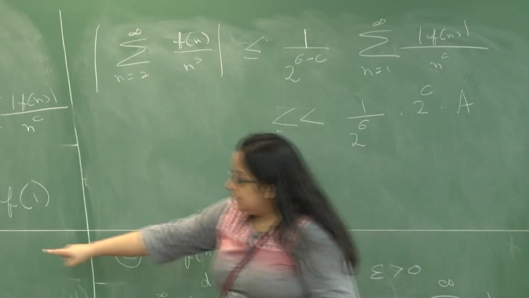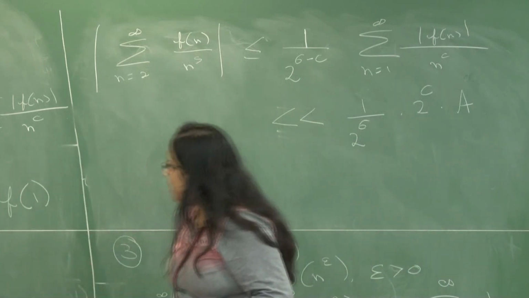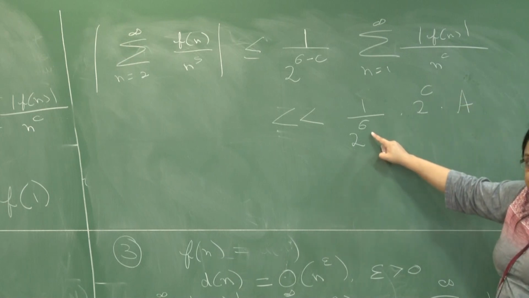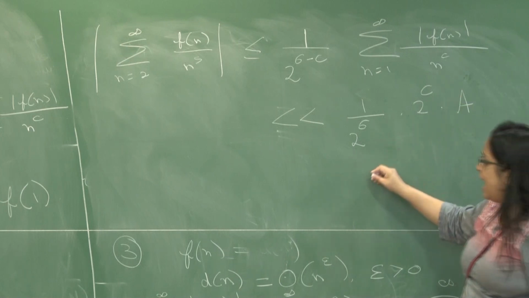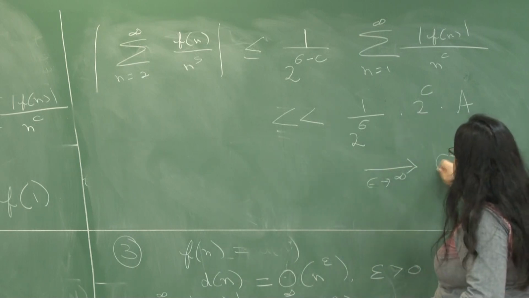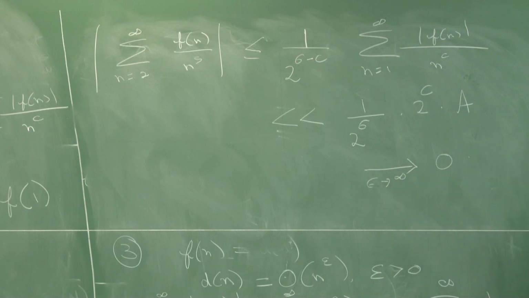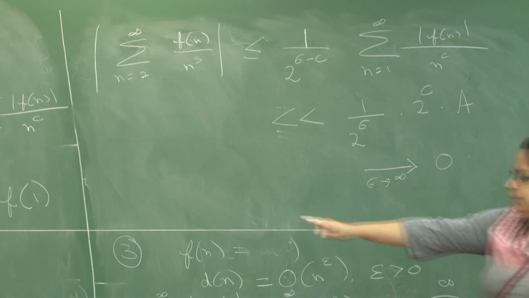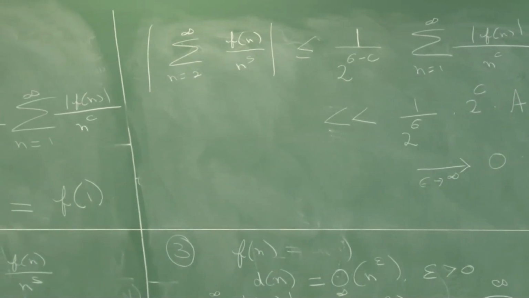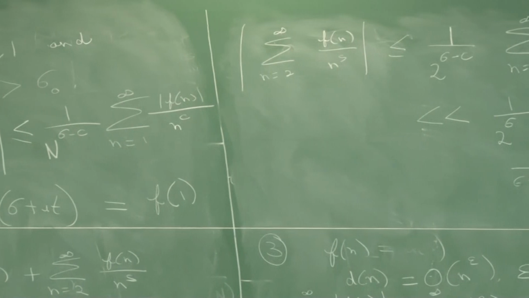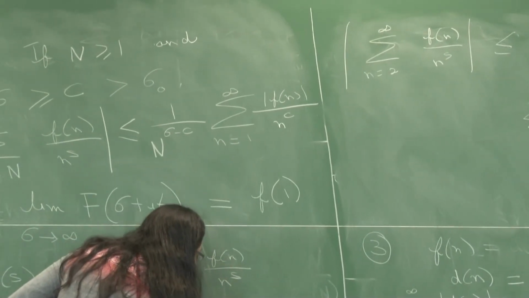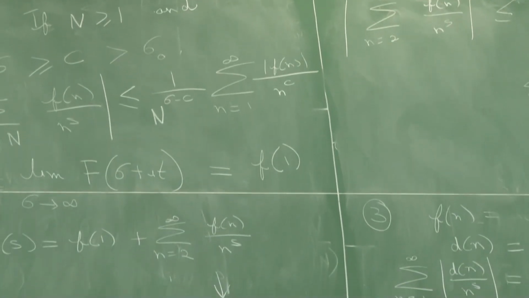You have the absolute value of the second part is less than 2 to the c times A over 2 to the sigma. But then as sigma goes to infinity, this is 0. And therefore, if you have a sum that is absolutely converging to 0, that sum itself is converging to 0. So this is going to 0, and you are just left with f of 1.